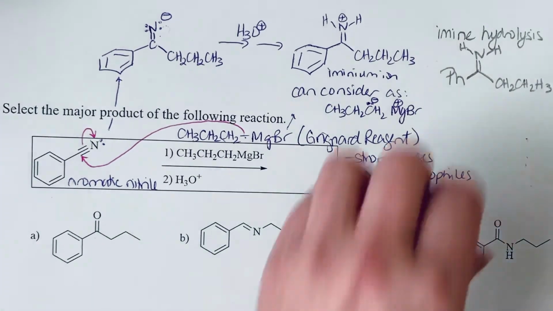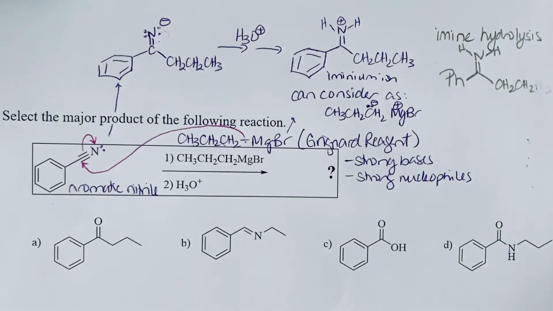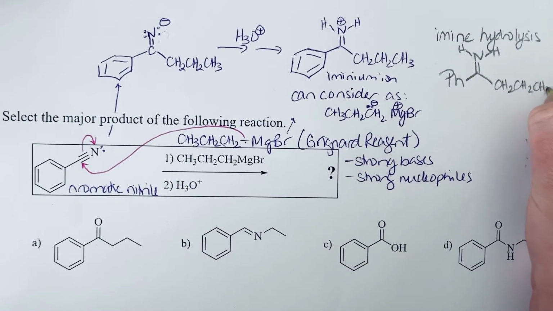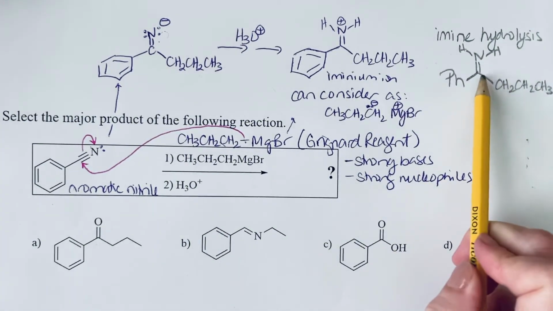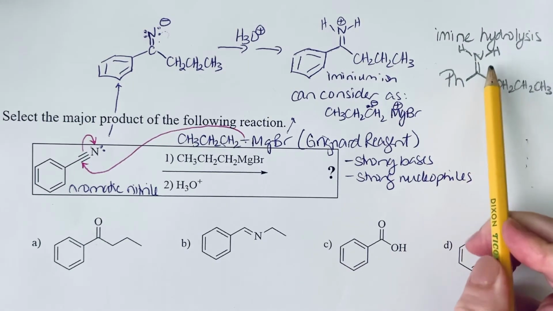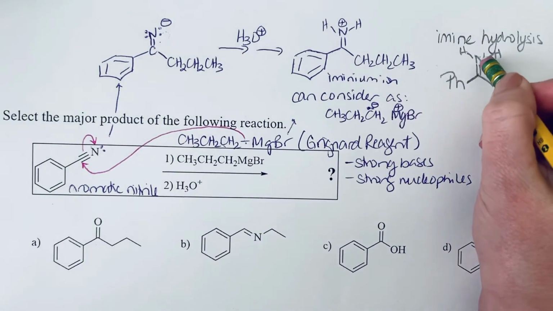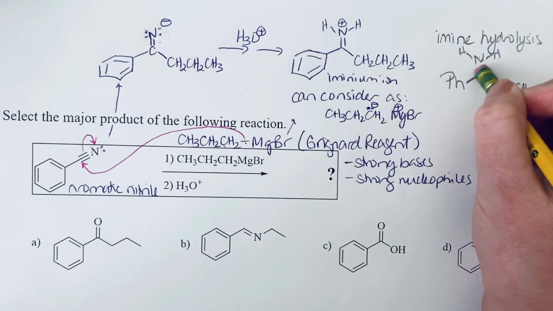And when we do this hydrolysis, we want to recognize that the carbon that has the double bond to nitrogen is going to become a carbonyl, and the nitrogen is going to become an amine. So when we do the hydrolysis, we're going to break that bond.